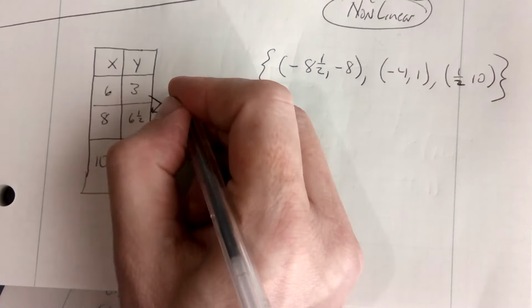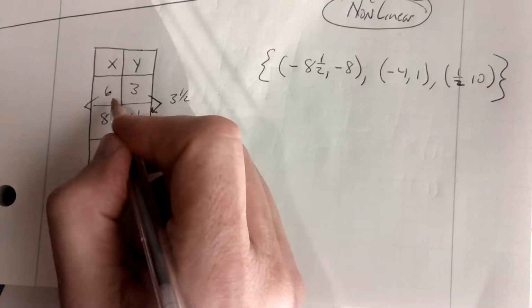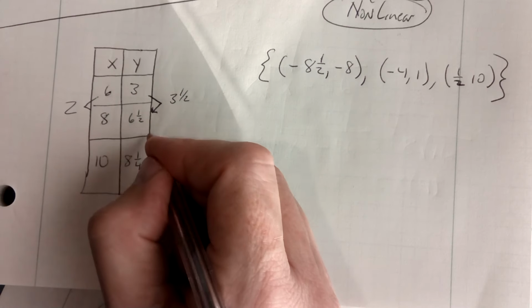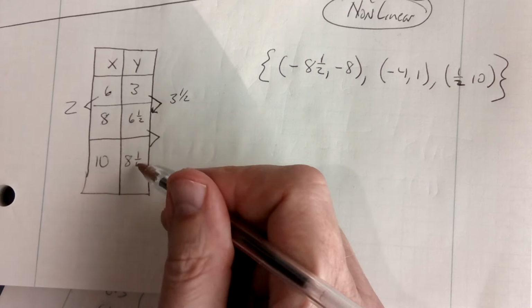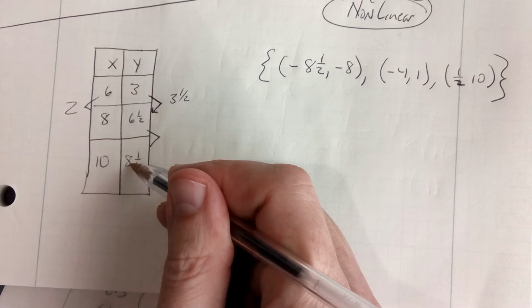So I increased by 3.5. The x increased by 2, going from 6 to 8.